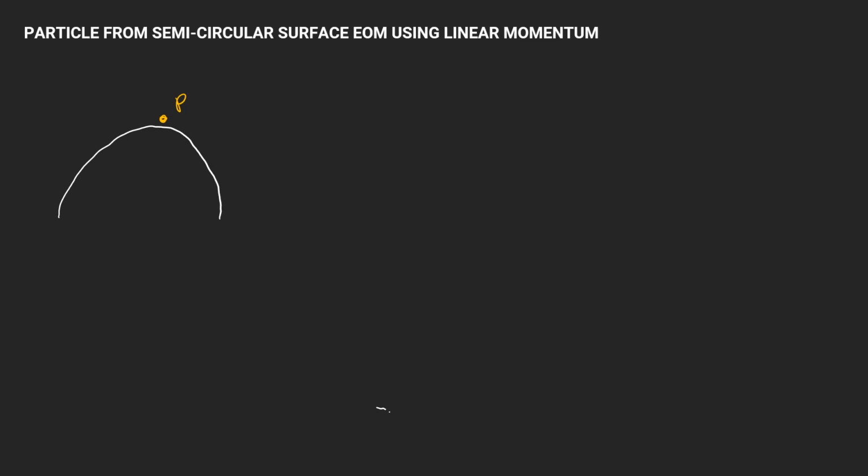And this particle P has a mass of m. You're going to assume that there's no friction between the particle and the surface. And the goal is to find the equation of motion for P.